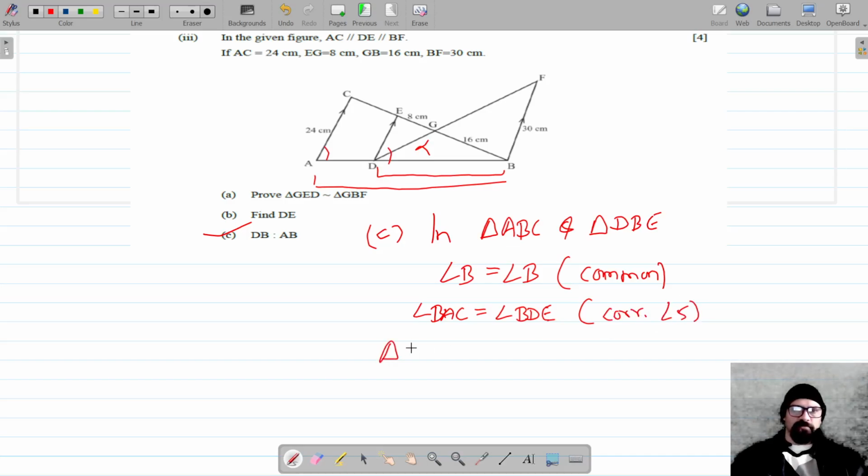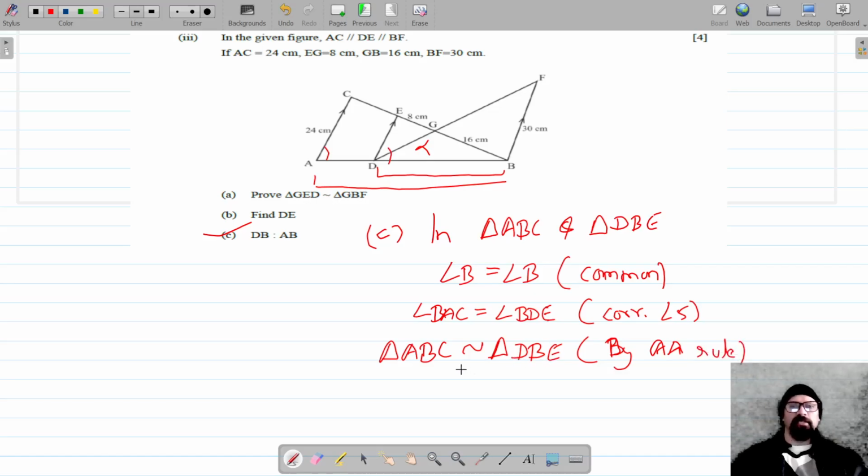So that means triangle ABC is similar to triangle DBE, since A corresponds to D and B is common. These two triangles are similar by AA, because if two angles are equal in a triangle, the third angles are also equal, so we are just considering it as by the AA rule.